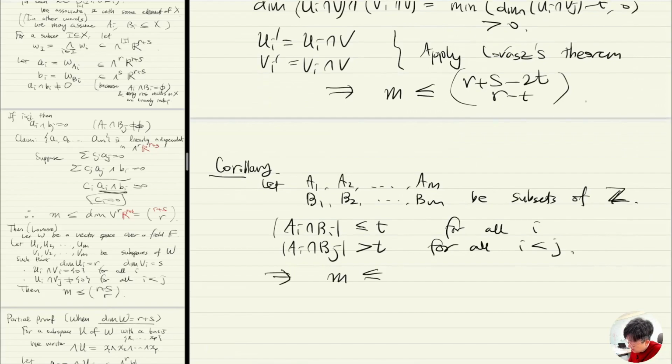Then the size of such a family, also I assume that Ai has size r, Bi has size s, then we get this bound.